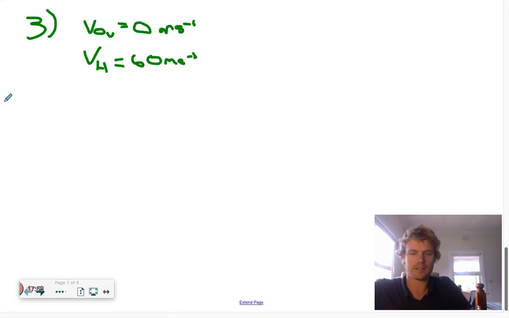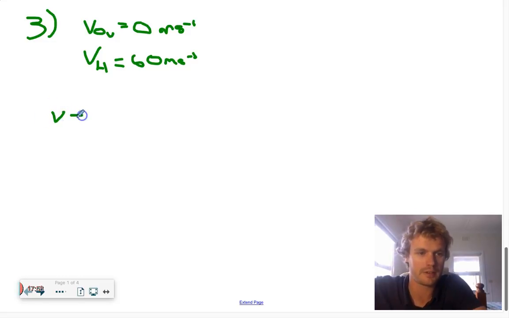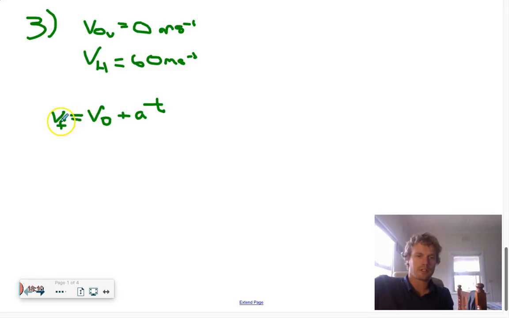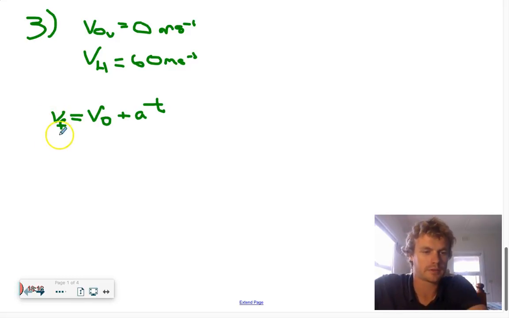I can work out, using this formula now, V final is equal to V initial plus AT. So I'm going to deal with the final velocity of the vertical component. So I'll put in this number here for my V0.